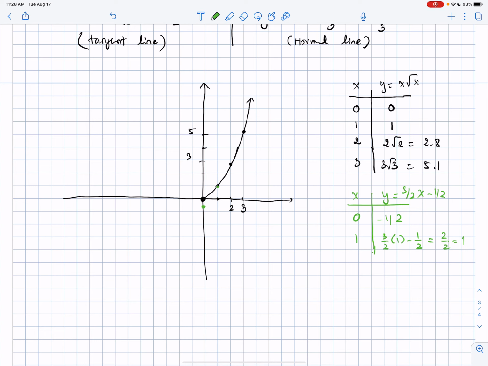And if you want, you can make one more point, right? So if we make x equal 2, then 3/2 times 2 minus 1/2 is 6/2 minus 1/2 is 5/2. 5/2 is 2.5. So 2, 2.5. So we got the tangent line in the green color.